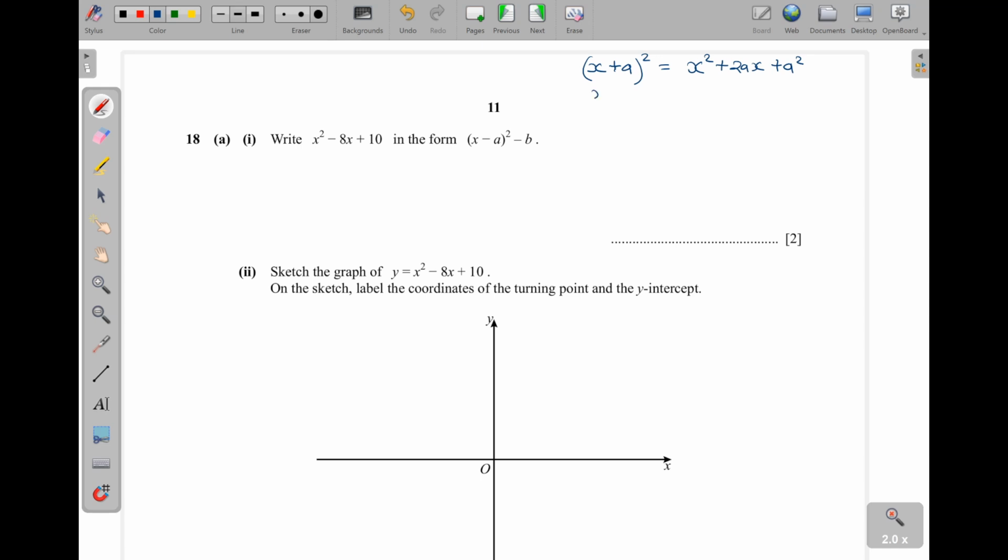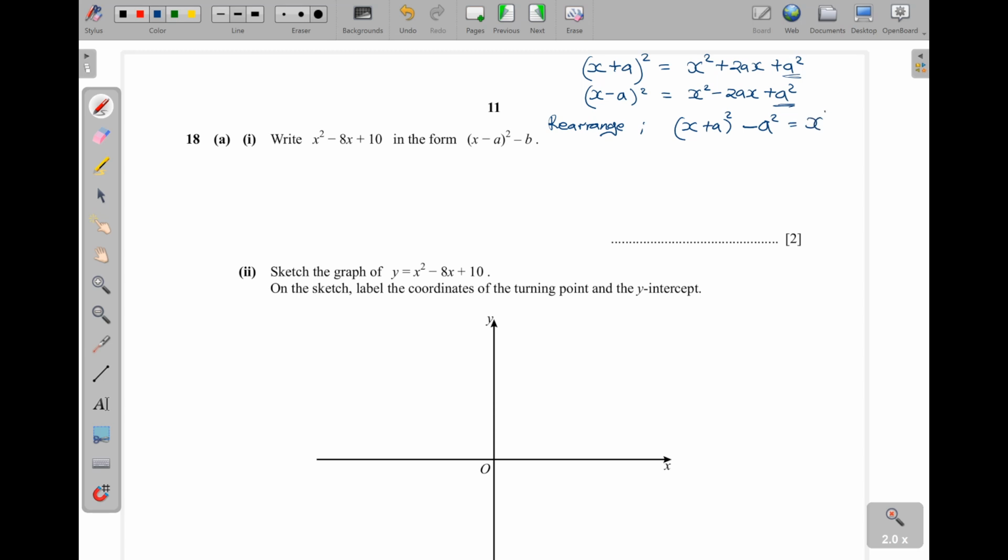Then I can also have x minus a, all squared, which is x squared minus 2ax plus a squared. Now, I rearrange to put the squares on one side. So I can have x plus a squared, then minus a squared.